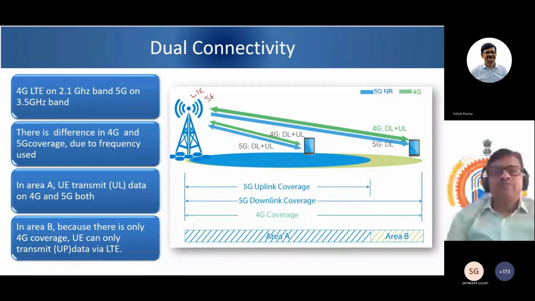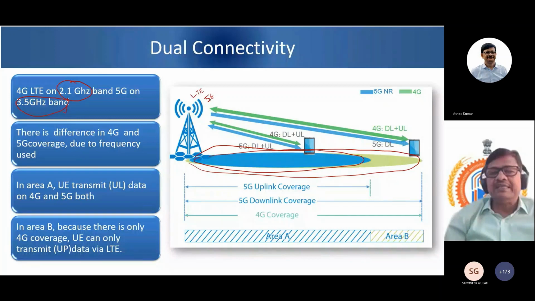This tower is having both 5G and LTE. LTE is operating on the 2.1 gigahertz frequency band, and 5G is operating on N78, which is 3.5 gigahertz. So definitely, the coverage of 2.1 will be more compared to the coverage of 3.5. So here, from here to this is your 4G coverage because it is 2.1, and the blue is your 5G coverage, slightly lesser.